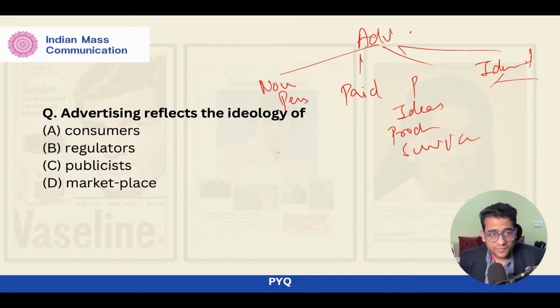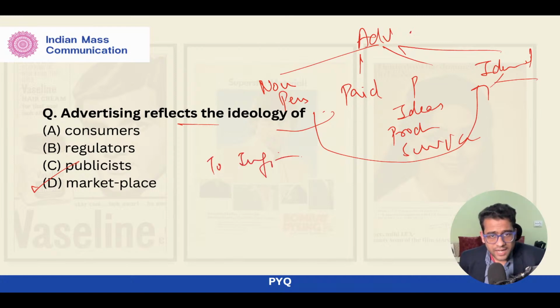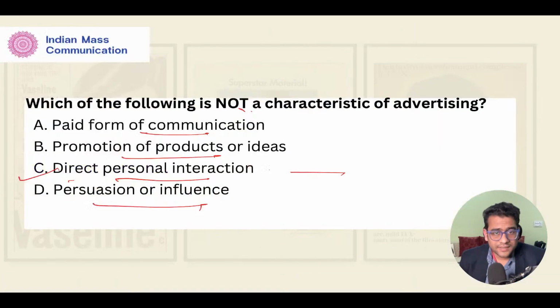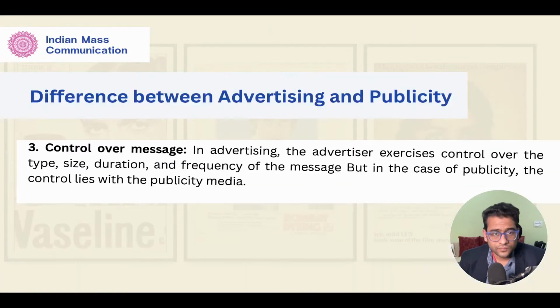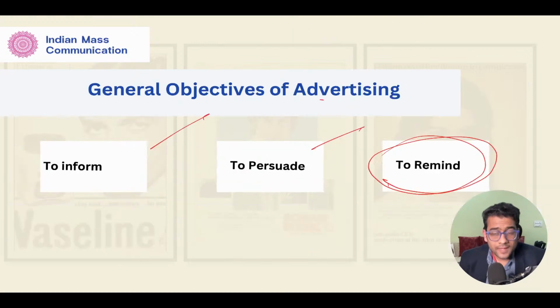So advertising reflects the ideology of this identified sponsor, which is the marketplace. It has several functions. To inform, to educate, to remind, which is very important when the case is of an established product.